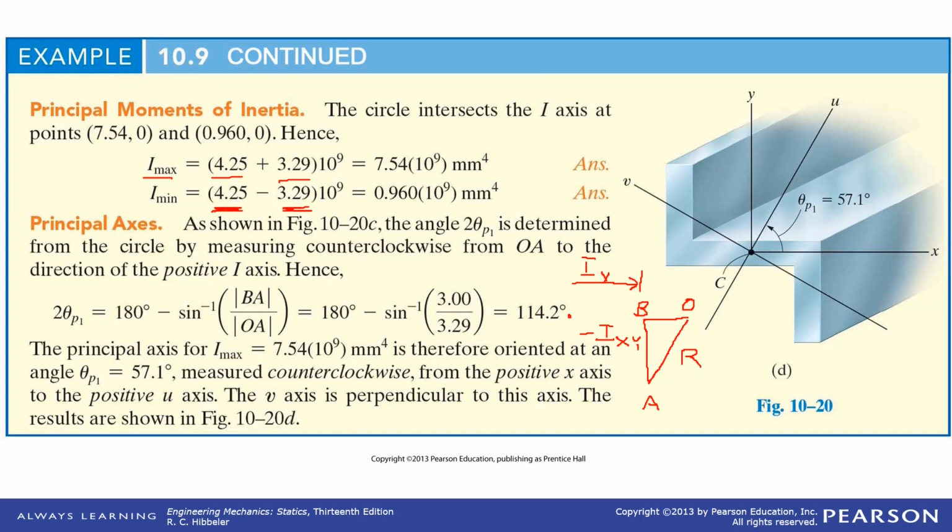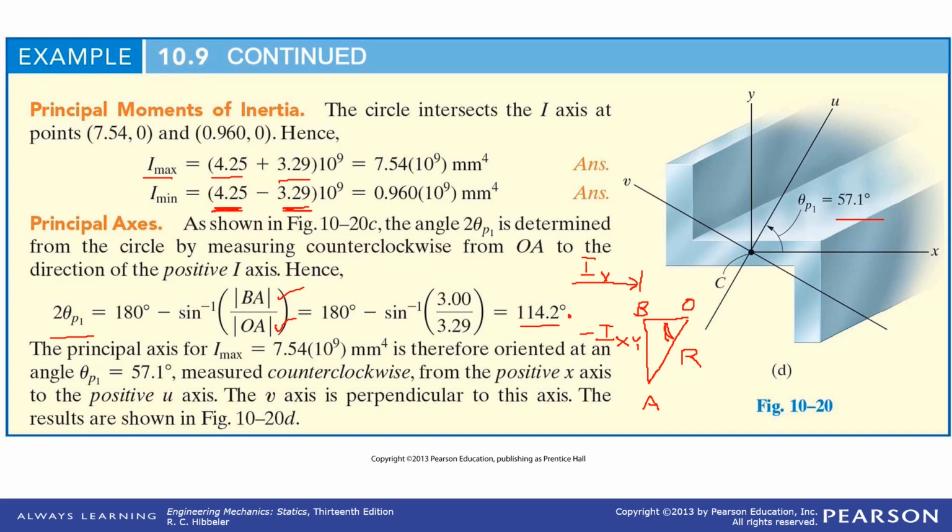And this is where on the x-axis the origin is. So it's real simple to get this angle here. Inverse sine of BA divided by OA. That would be this angle right here. 114.2. That's twice theta. Just remember that. Twice theta. Divide it in half. 57.1 degrees. Okay, the principal axis.